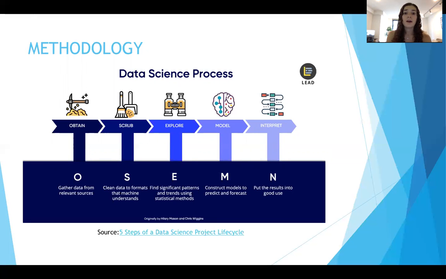I then moved into the explore phase, which is where I really started to dive into the data and see if any trends were emerging and hypothesize potential conclusions. I then modeled my data using the regression analysis. And finally, I interpreted that model to see which variables really are having a strong impact on the price of homes. And that is what I'm going to share with you today.